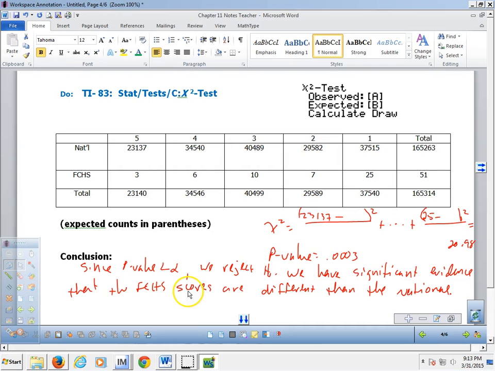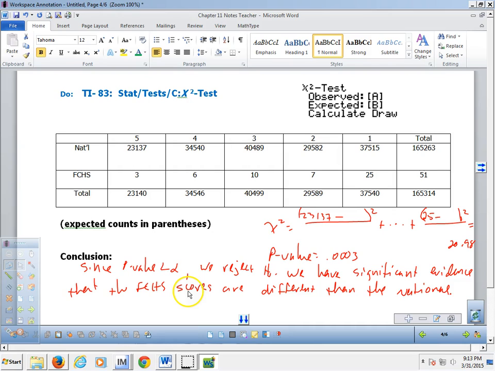A very logical follow-up question would be, okay, which score was FCHS's distribution the most different from the national scores, right? And so we would want to do a follow-up analysis. And in order to do that, we would have to see the chi-squared components. Remember that from the goodness of fit test? Well, unfortunately, the calculator doesn't give that to us.